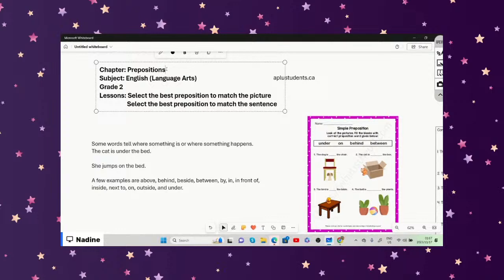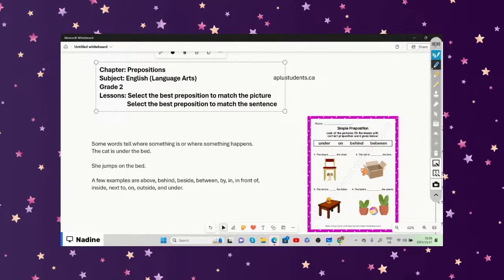Some words tell us where something is or where something happens. For example, the cat is under the bed.